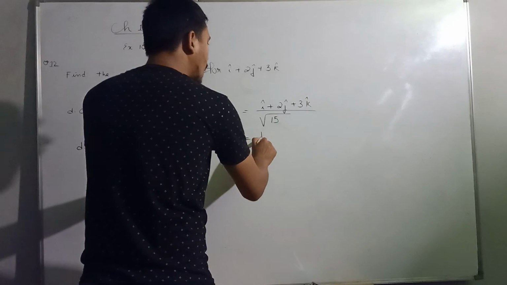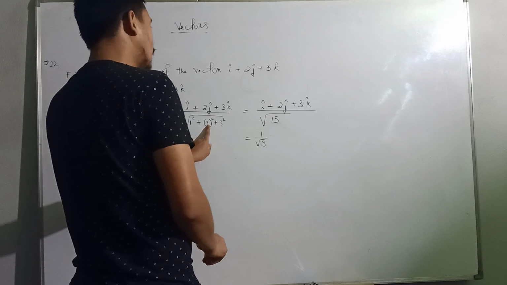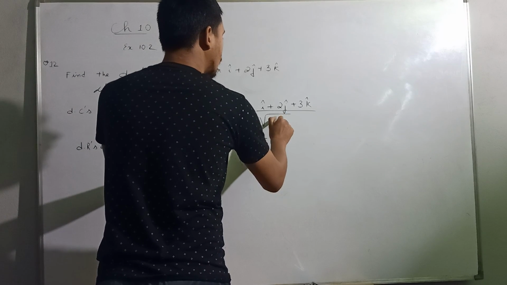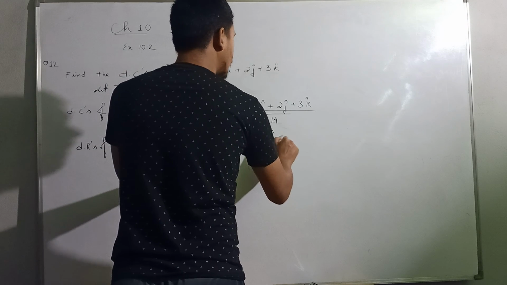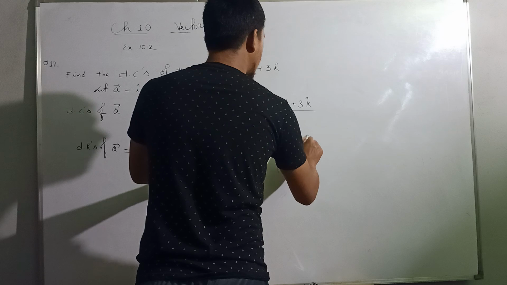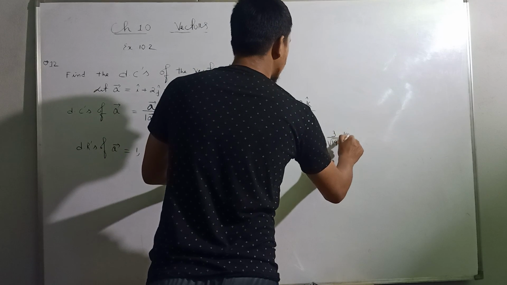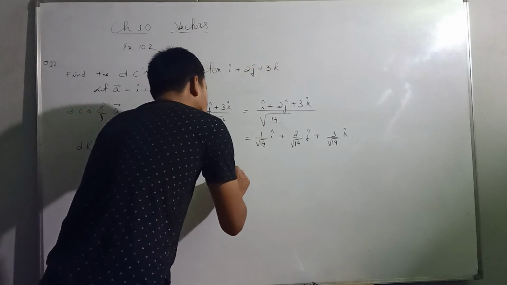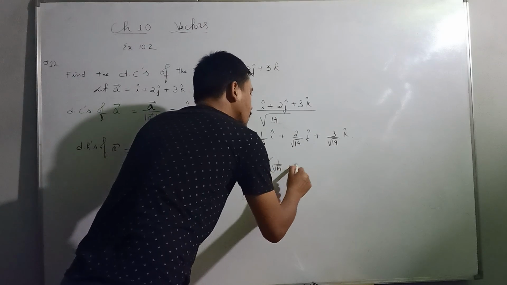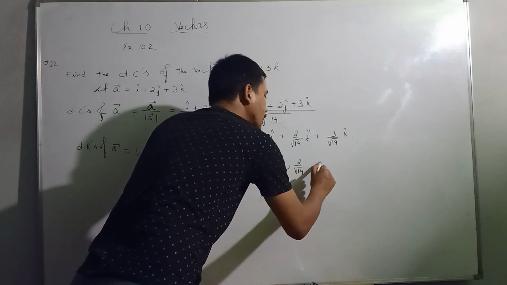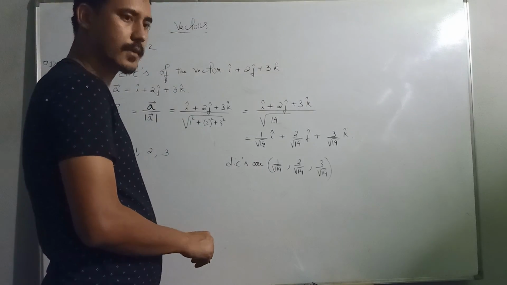So that will be 1 upon square root of 14 i cap, 2 upon square root of 14 j cap, plus 3 upon square root of 14 k cap. Therefore, direction cosines are 1 by square root of 14, 2 upon square root of 14, 3 upon square root of 14. Is it okay? Yes.